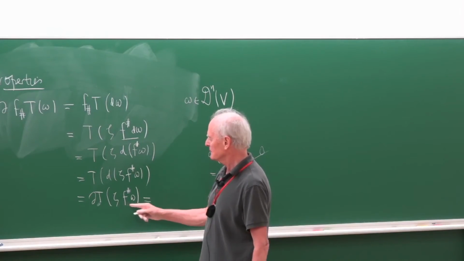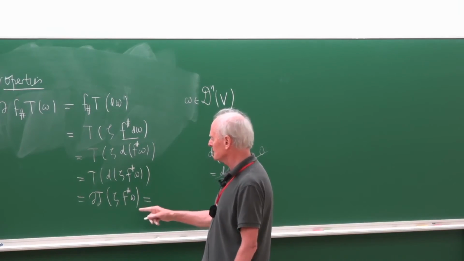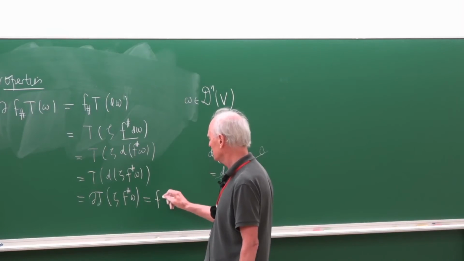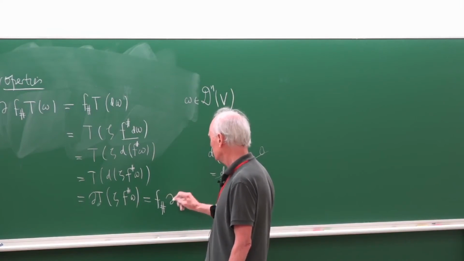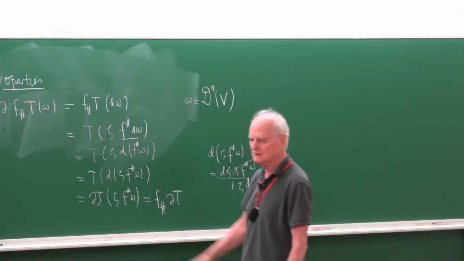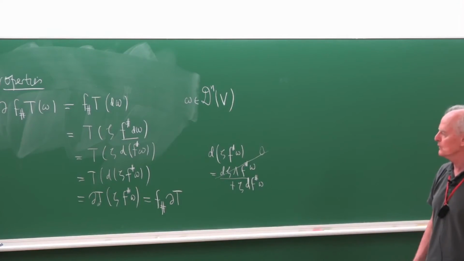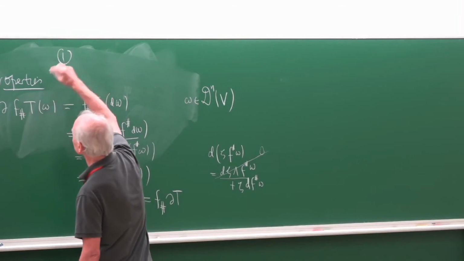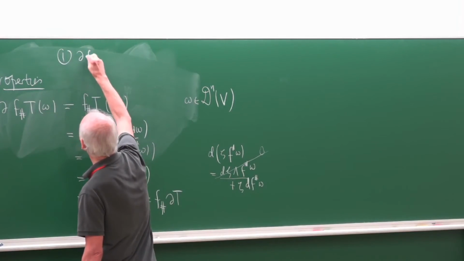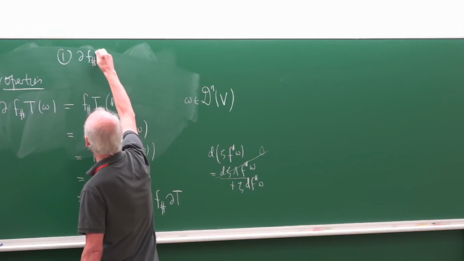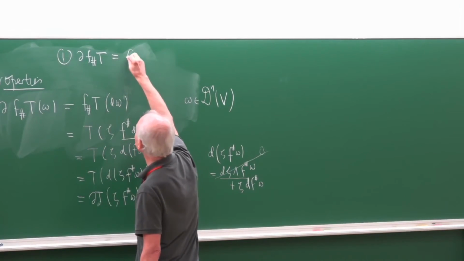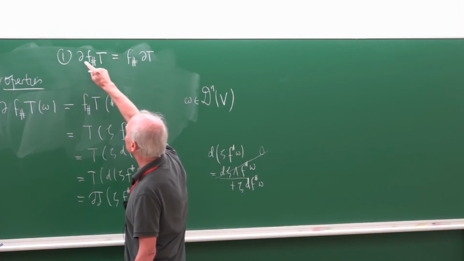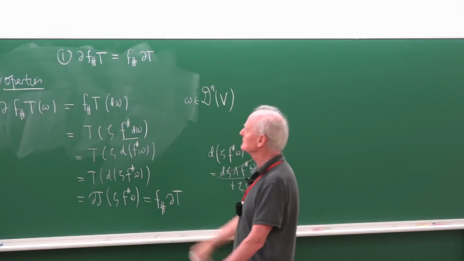And this is, by definition, exactly the same as pushing forward this guy. We've got the correct factor of zeta in the front, and we're pulling back the form. So indeed, the first property is that the boundary of f sharp T, pushing forward T, is the same as pushing forward the boundary. In other words, delta and f sharp commute.